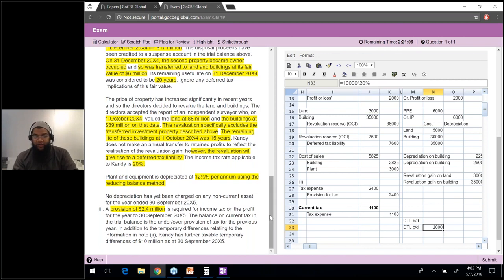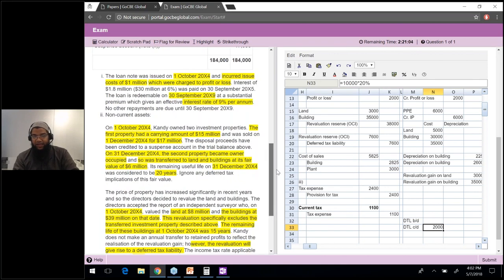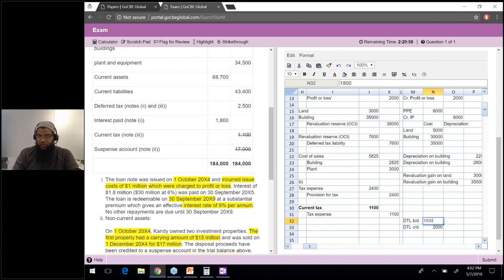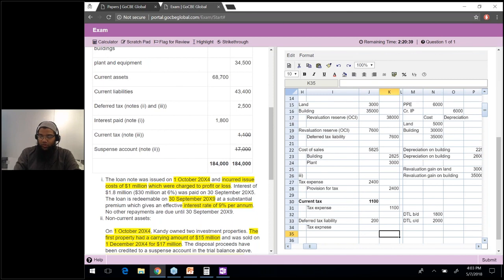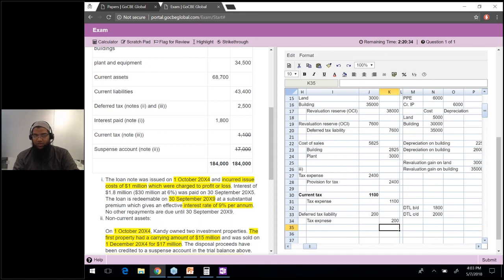If I go upwards and see the brought down balance of the deferred tax liability, it was actually 1,800. So this means the deferred tax liability needs to be decreased. My entry is going to be deferred tax liability debit by 200, which is 2,000 minus 1,800, and tax expense credit by 200. So this is how we have completed all of the accounting entries.